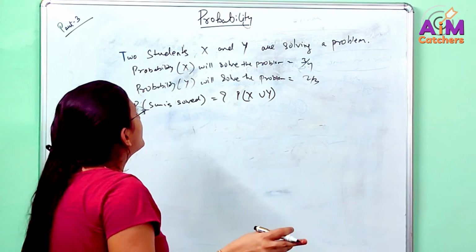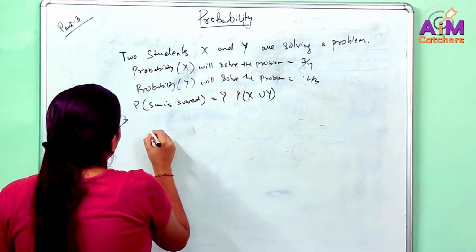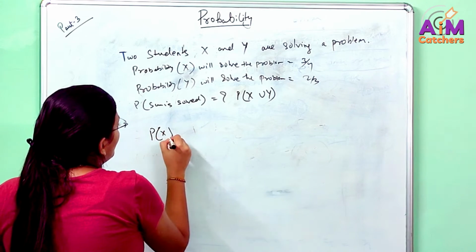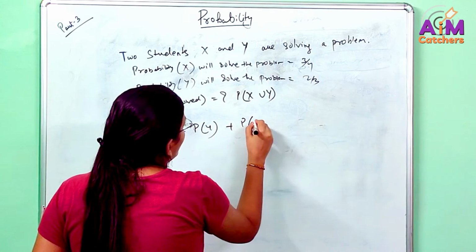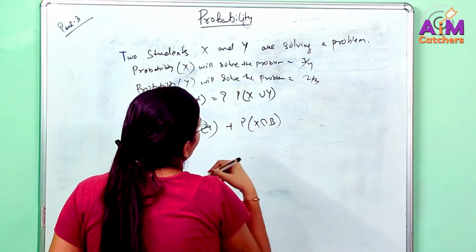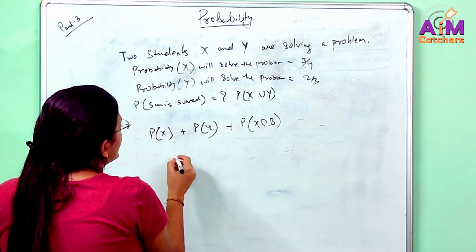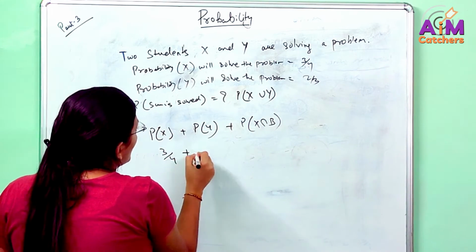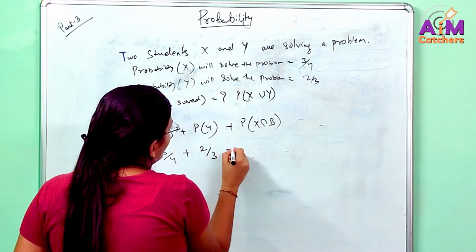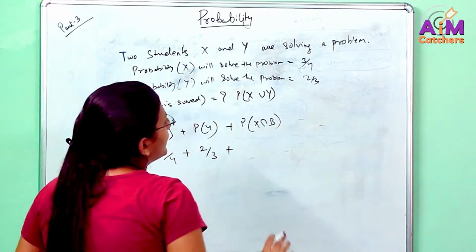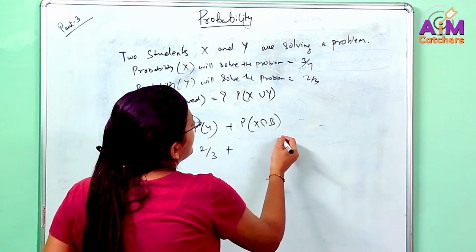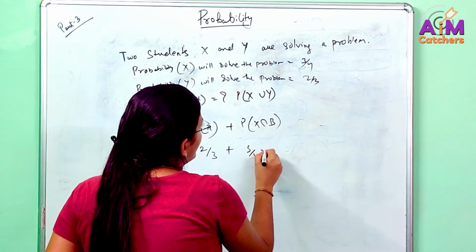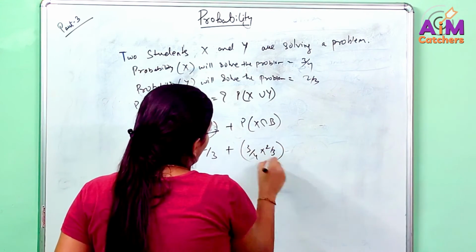In case of non-mutually exclusive events, what is the formula? We have probability of x plus probability of y minus probability of x intersection y. So probability of x is 3 by 4, probability of y is 2 by 3. X intersection y, probability that both are solving the problem. So the formula for x intersection y will be 3 by 4 into 2 by 3. Okay?